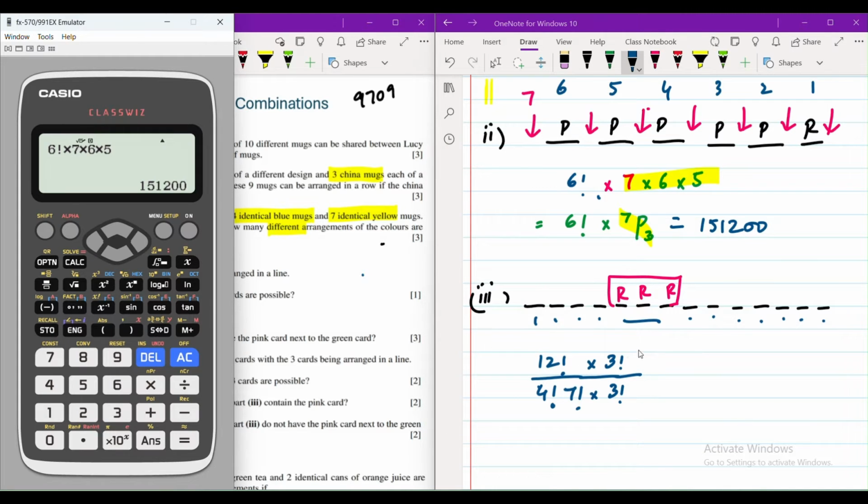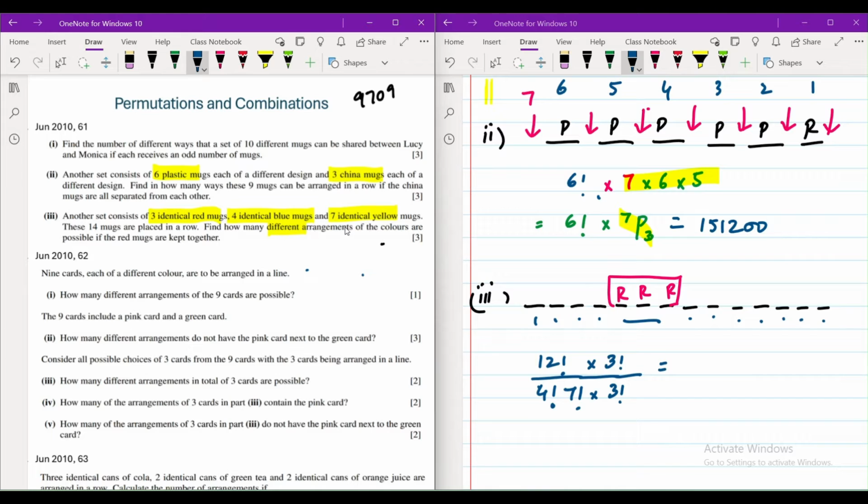So this 3 factorial can be cancelled out. So we have 12 factorial divided by 4 factorial and 7 factorial. Wait, sorry. 4 identical blue mugs, 7 identical yellow mugs, if the red mugs are kept together.